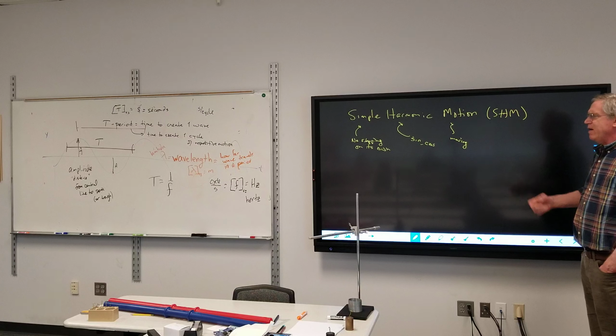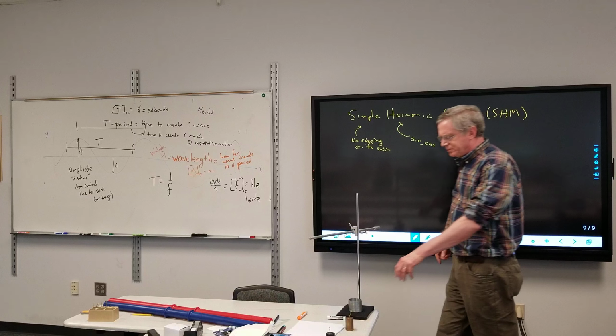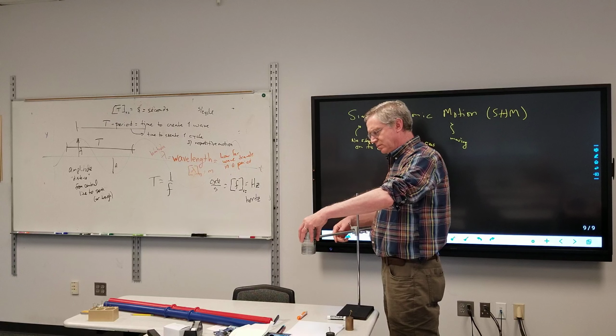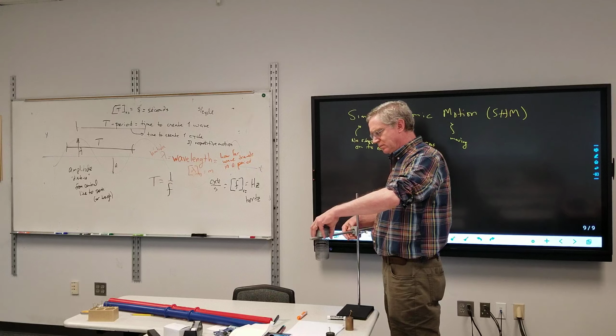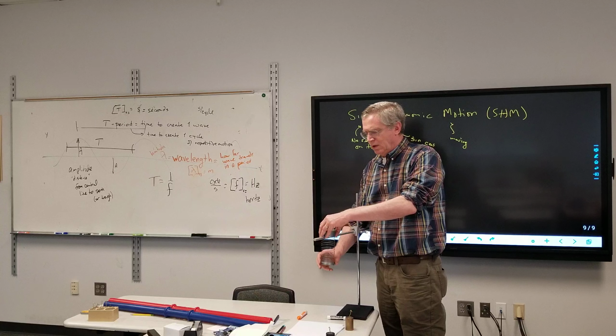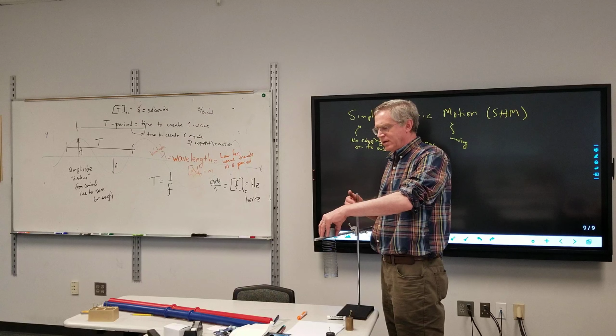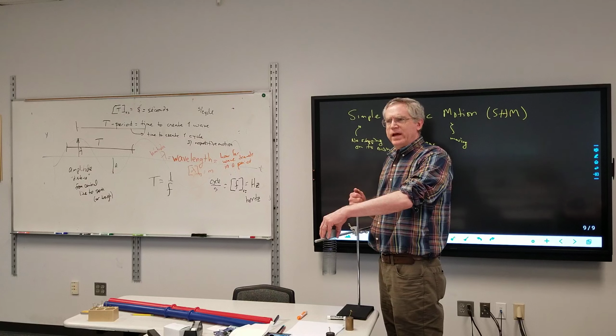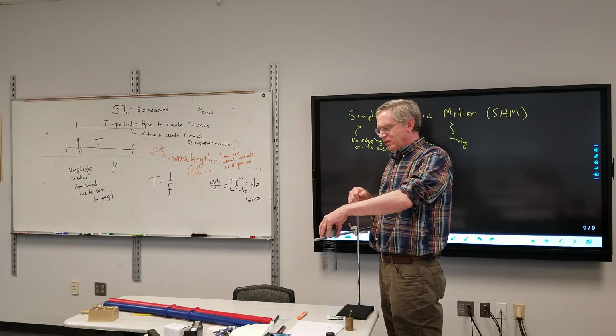All right, so if I have a wave that's being produced here, I pull this down, let go, and the thing's going to oscillate back and forth. I can find the period just by doing a timing. So let's go ahead and do that.